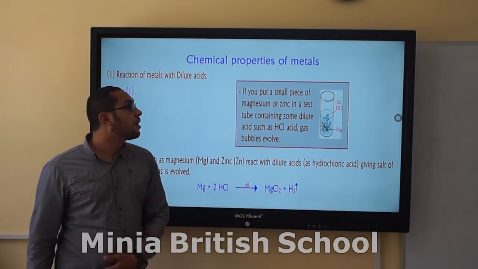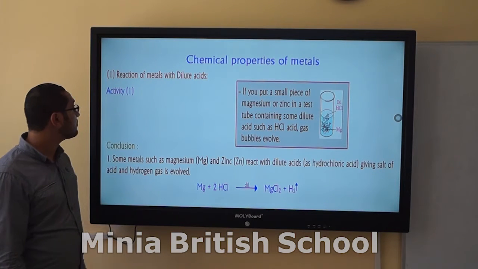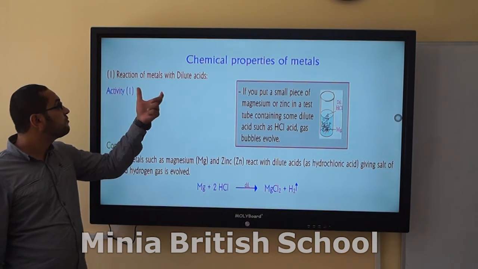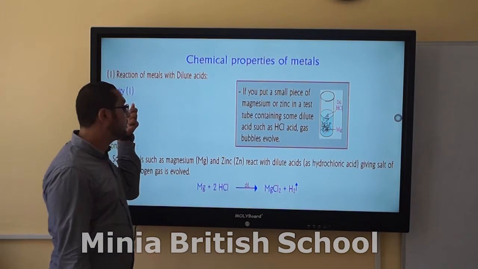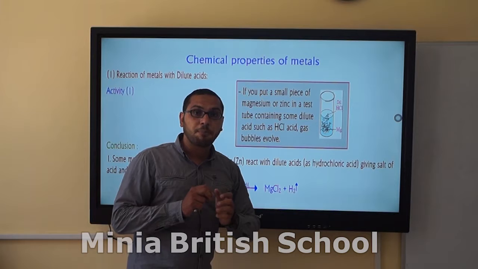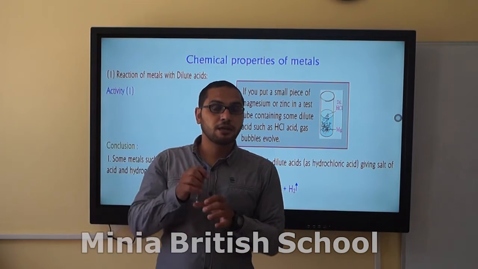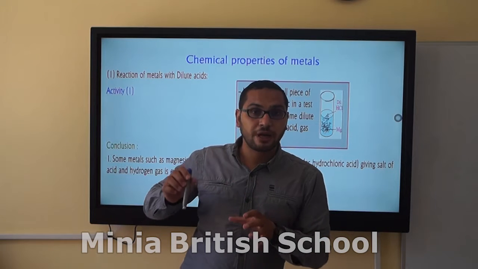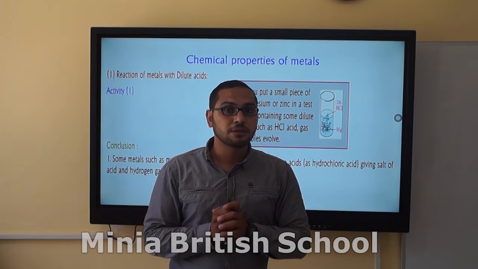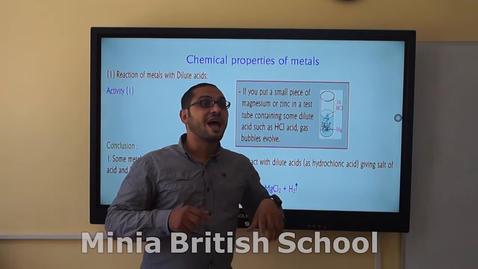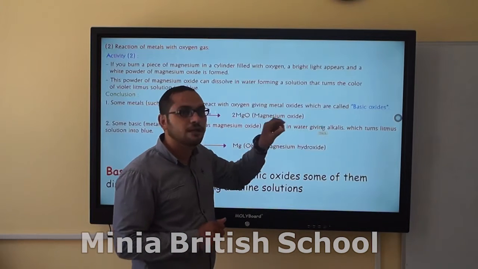Let's start the chemical properties of metals. The first one, reaction of metals with dilute acids. We have an activity here. If you put a strip of magnesium in a test tube containing HCl or hydrochloric acid, you will notice bubbles are formed, and hydrogen gas evolves, as you can see here.